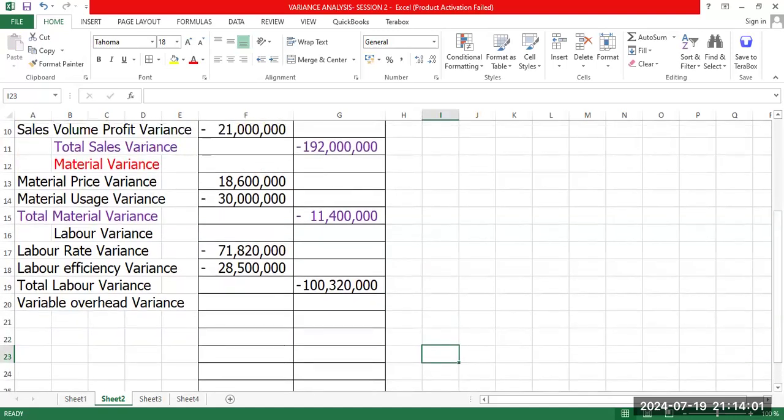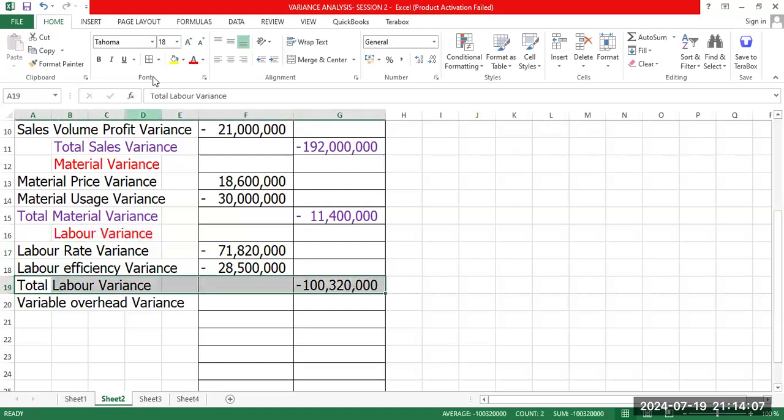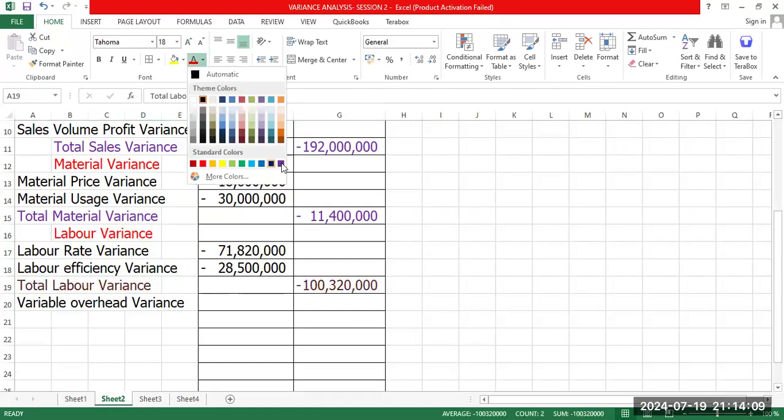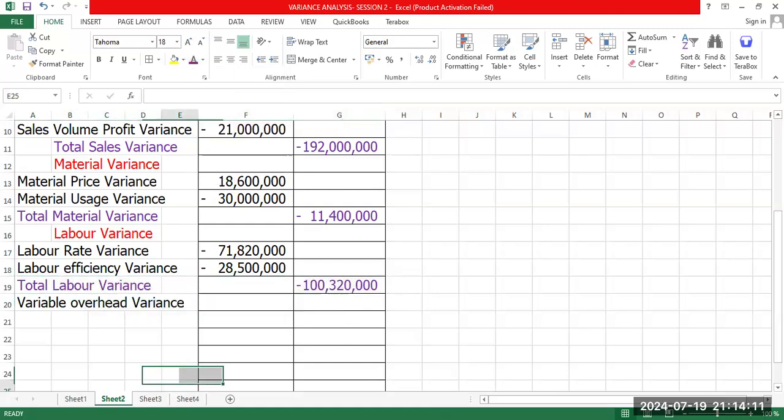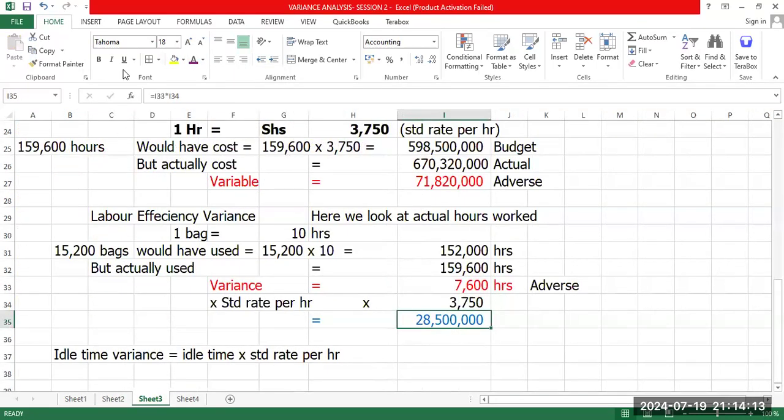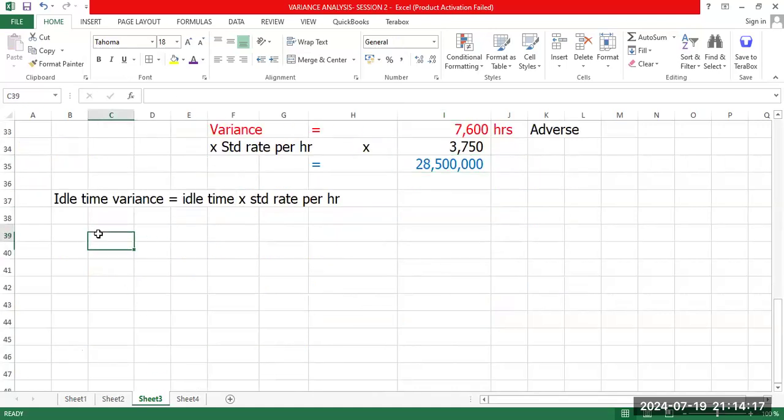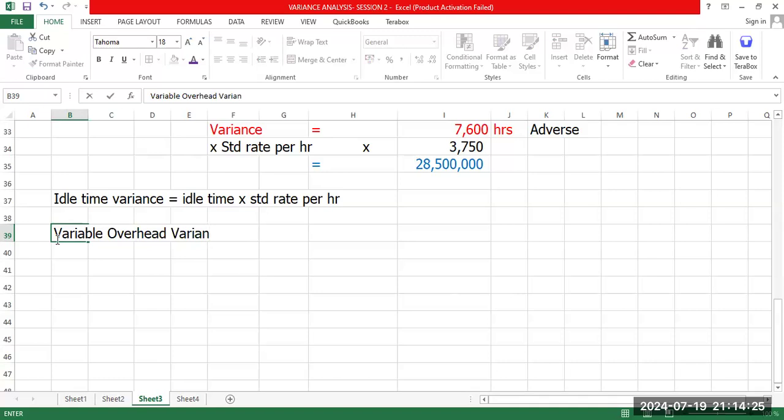And how do you get your variable overhead variance?